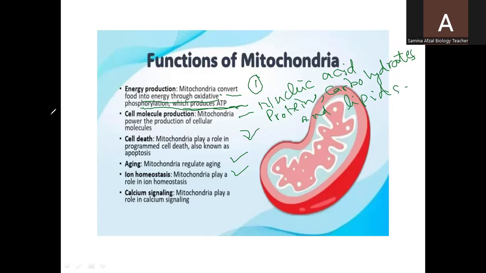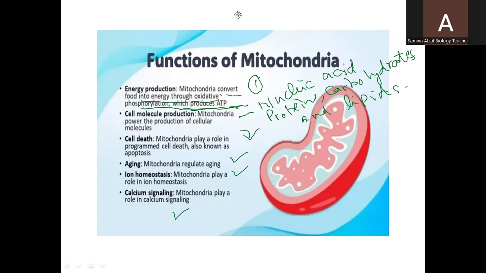Then calcium signaling. Signaling is a way of communication of cells with one another. Mitochondria play a role in calcium signaling, that is, when the calcium level is increasing or decreasing, or calcium ions are moving out of the cell or entering inside the cell.